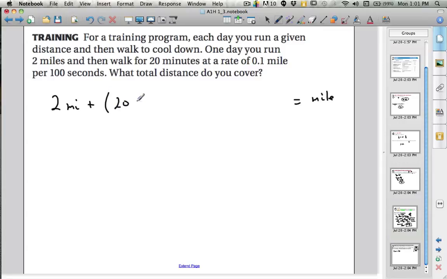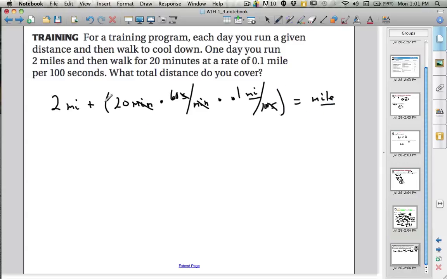So I'm going to have 20 minutes times 60 seconds in a minute times the rate, which would be 0.1 miles per 100 seconds. Okay, and you look at how this is going to cancel out. The minutes are going to cancel with the minutes. The seconds will cancel with the seconds. And I'll end up in miles. That's what I want.